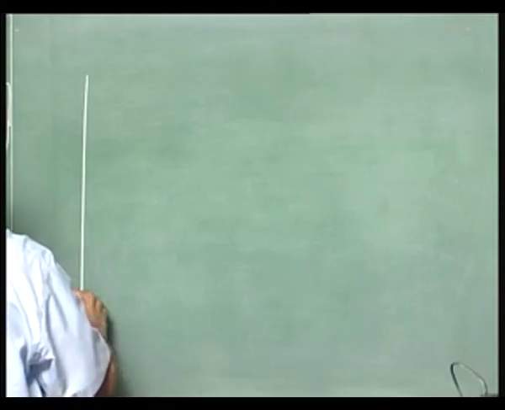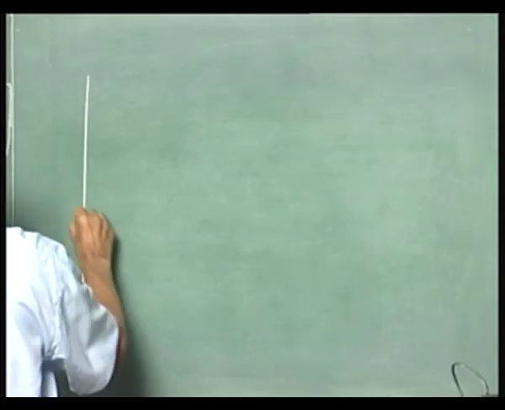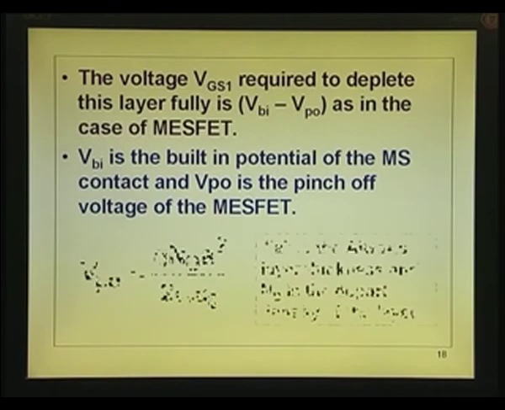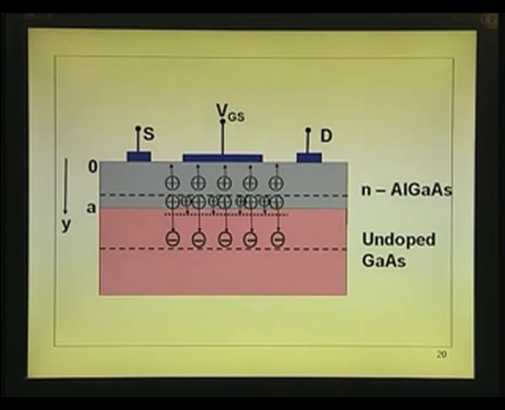If I plot the potential, I think I have it already there, I will not plot that. If you go to that particular diagram, we will come back to this afterwards. All this analysis I will come back to afterwards.